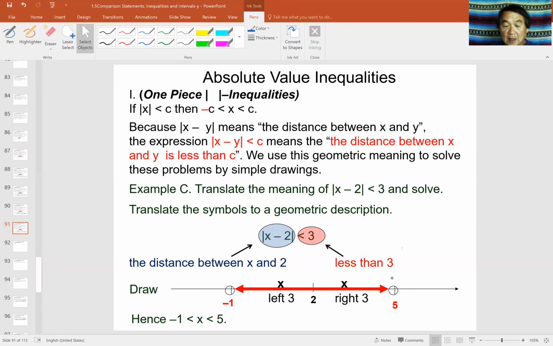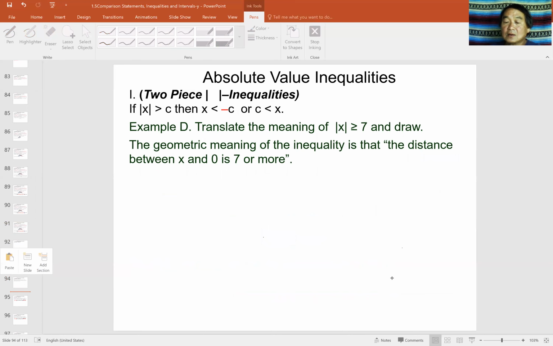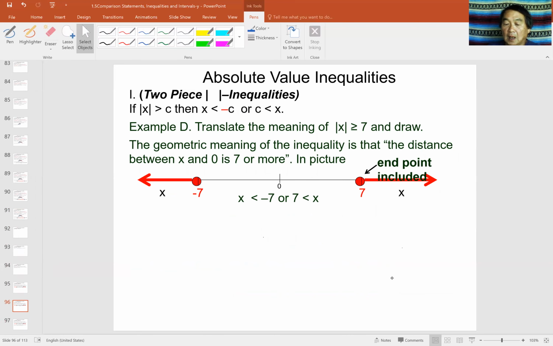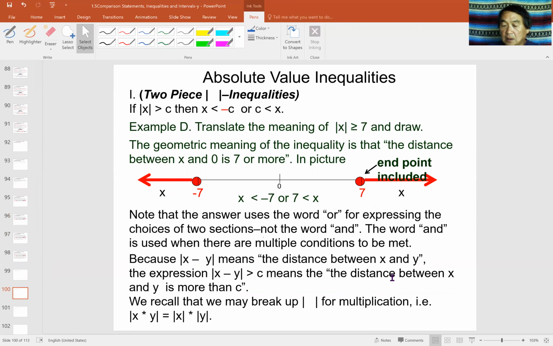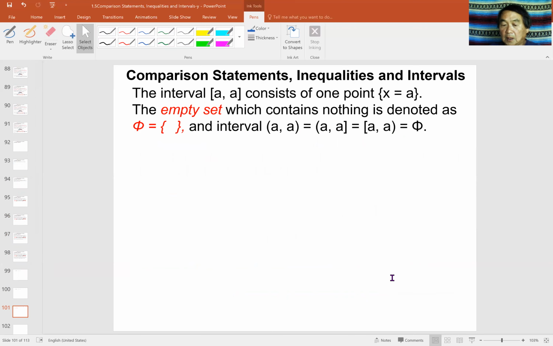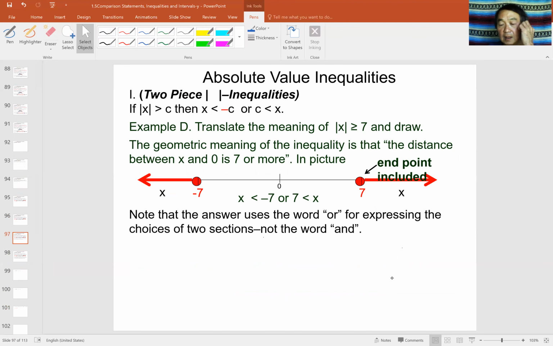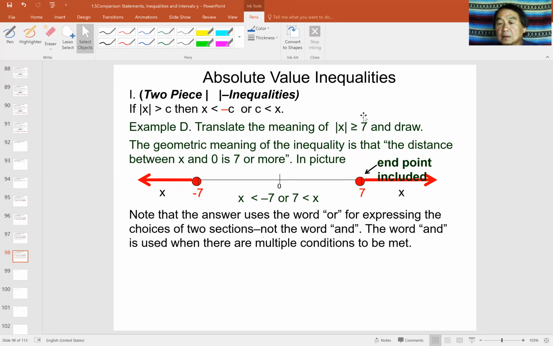Okay, and then these are the 2-piece versions, and you can read these. This is the flag, the 2-piece. How do we notate a flag, and how do we extract the solutions of statements of bigger than or equal to something in an inequality.